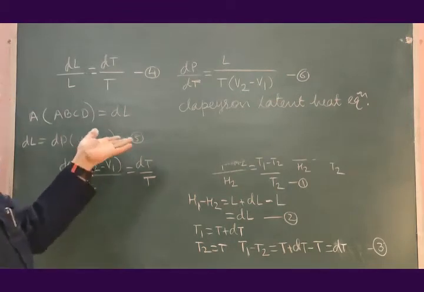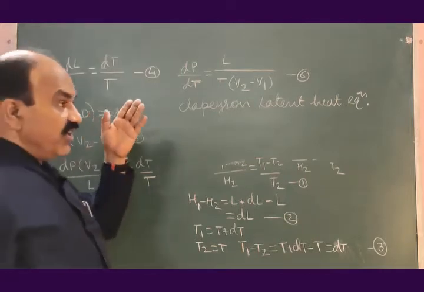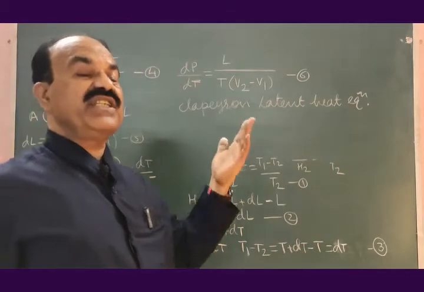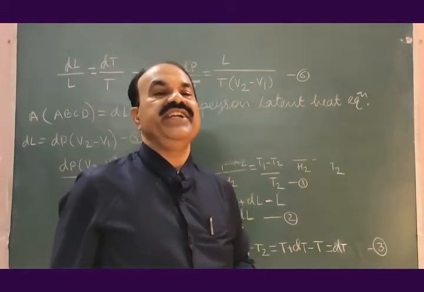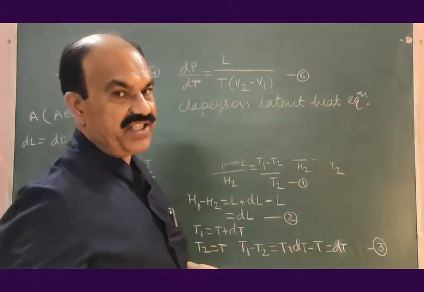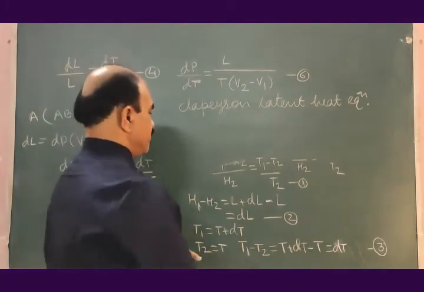This is the equation that we needed to derive in the last article. What are the significance or consequences of Clapeyron latent heat equation? Let us see the consequences of Clapeyron latent heat equation.